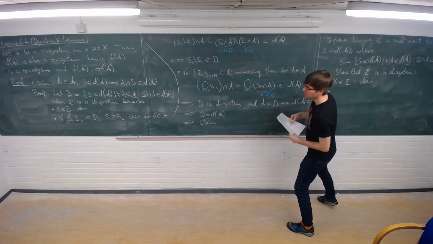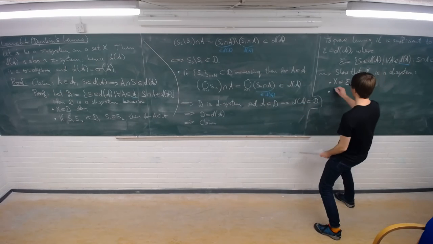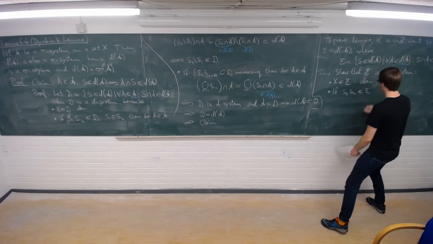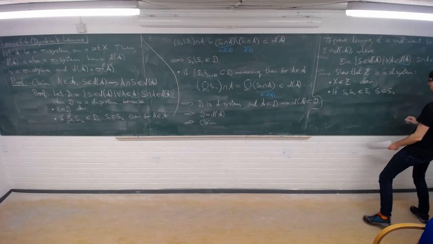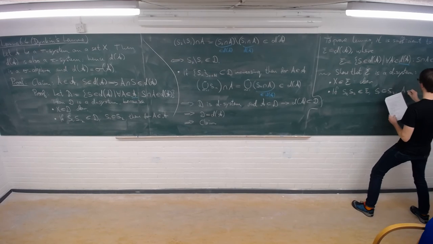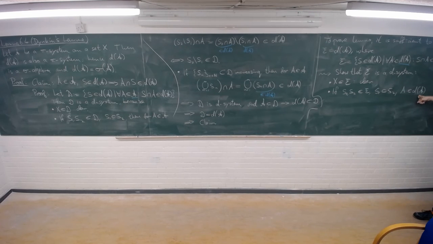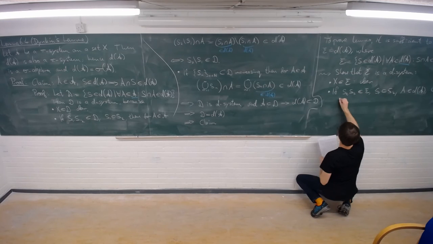Second, I can almost copy word for word from over there. If S1, S2 are in E, S1 is a subset of S2, and A is an element of now D of A, not A, then we do the same thing again.